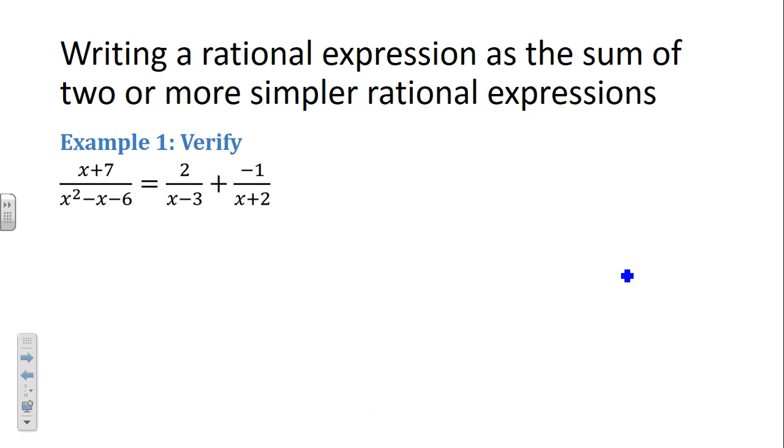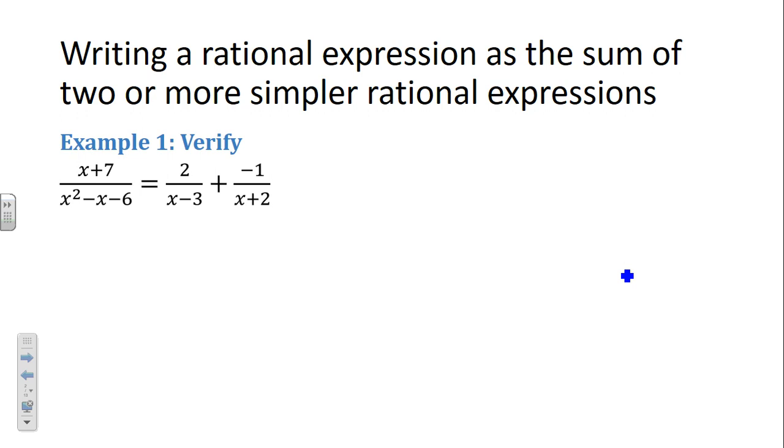Okay? So how would you make two smaller fractions into one larger fraction? We have to add them. If we're going to add them, we have to have a common denominator. So what would our common denominator be? Yeah, we need one of each, don't we?